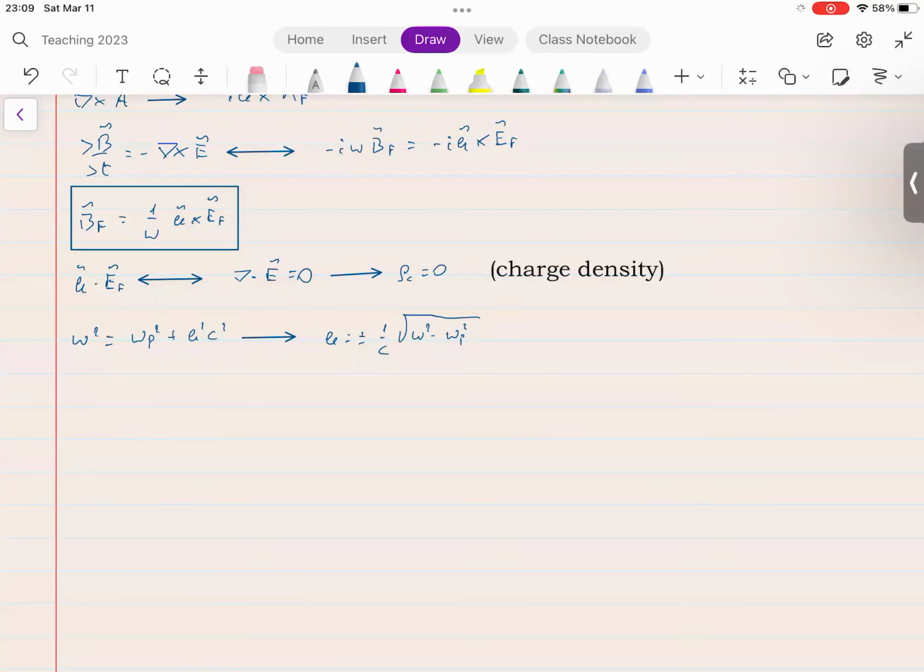But now you see that there is something to worry about. And that is what happens if omega is smaller than omega p.